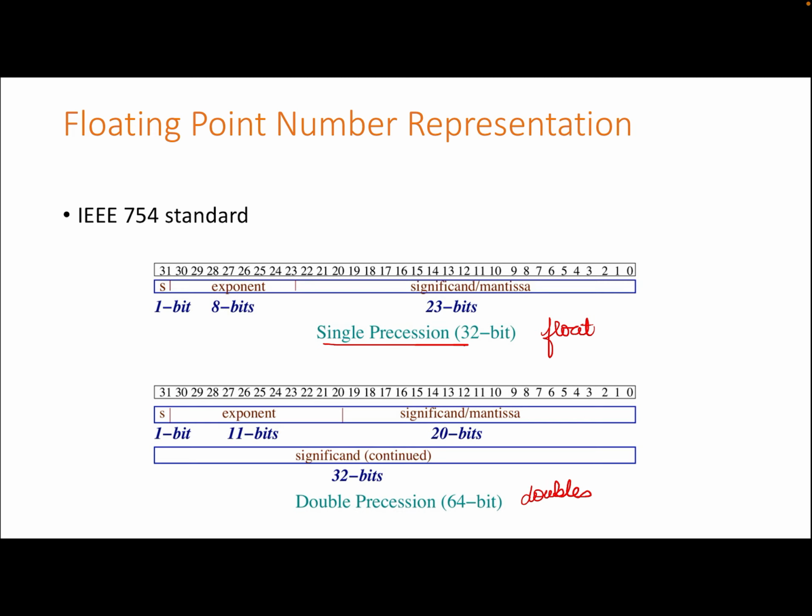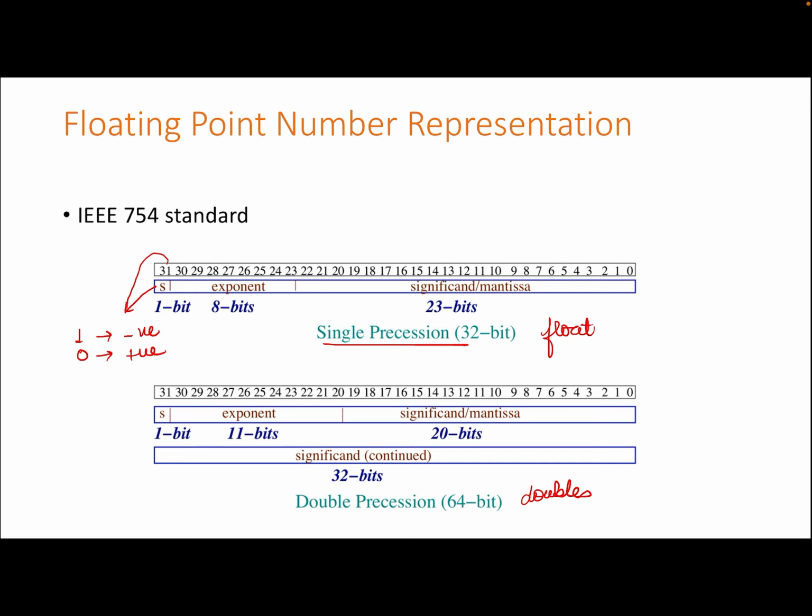Here the most significant bit indicates the sign of the number: 1 is for a negative number and 0 is for a positive number.